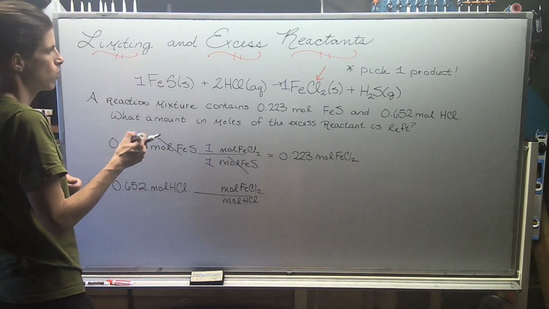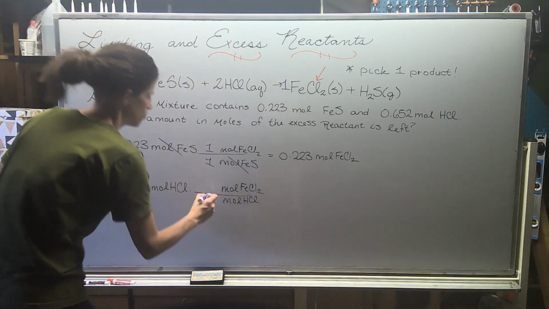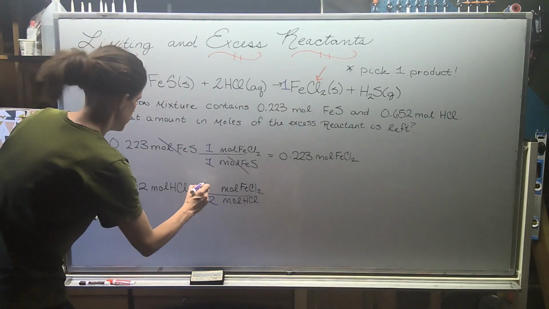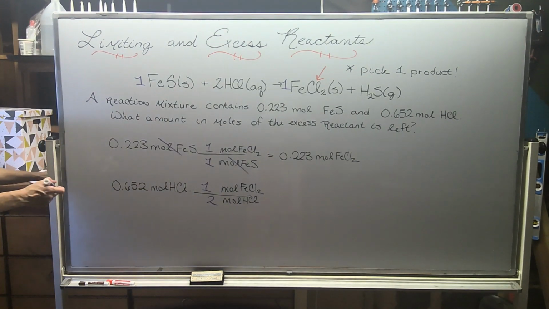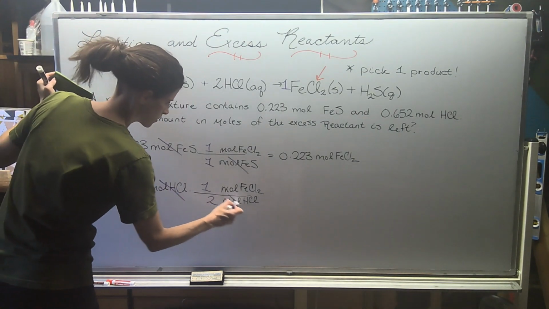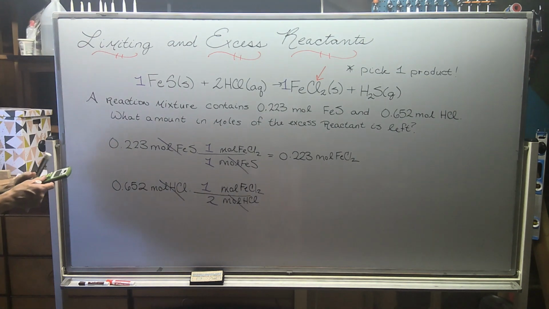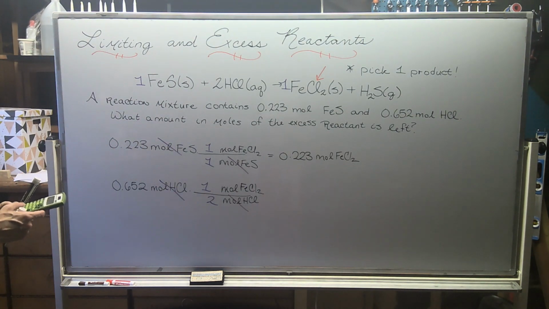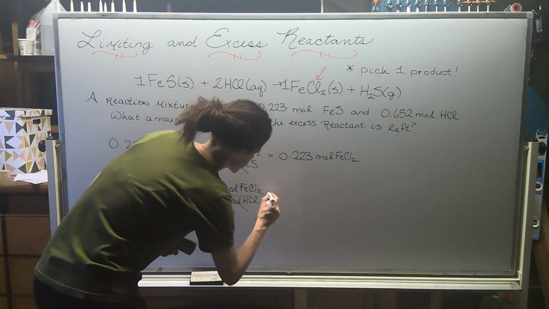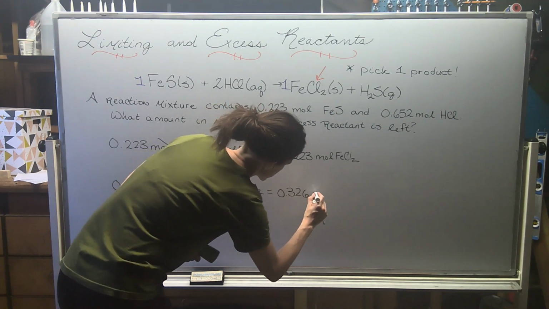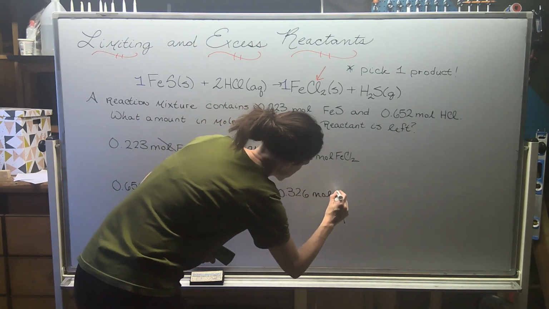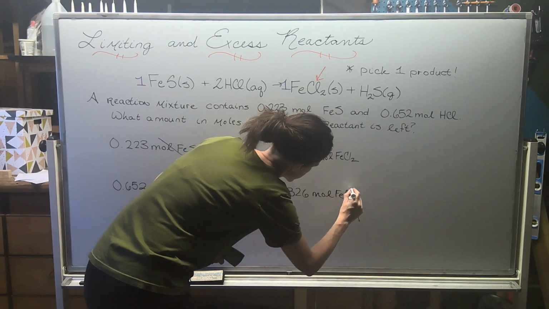Grab your mole to mole conversion factors. So I have a 2 there, I'll put that there, and a 1 there. Check how your units are canceling. So we're just left with moles of iron chloride. So I'm going to do 0.652 divided by 2, and I get 0.326 moles of iron chloride.